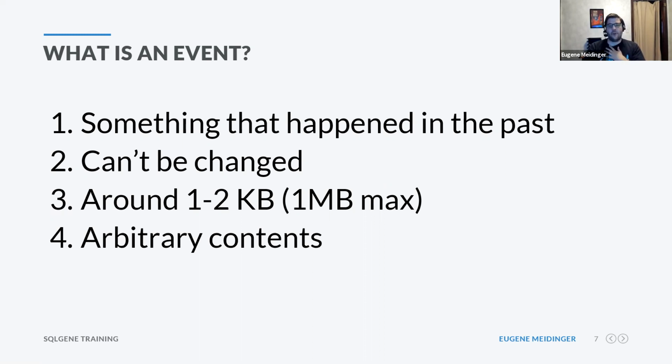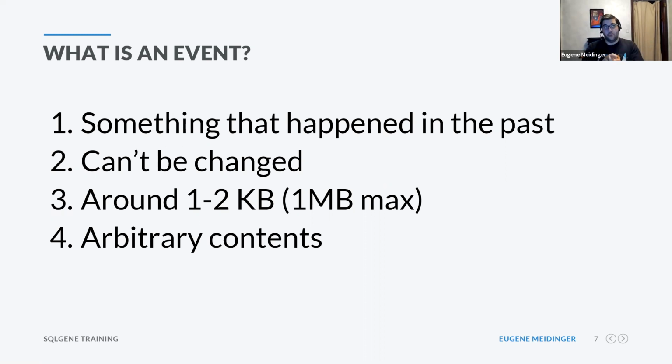And then the last thing is they have arbitrary contents. Azure Event Hubs does not care in the slightest what's in your event. You're just giving it a big old bucket of bytes, and it's like, I'll get this to its destination. It's not looking inside. It doesn't know. It doesn't have any understanding. And so you can put in whatever you want.